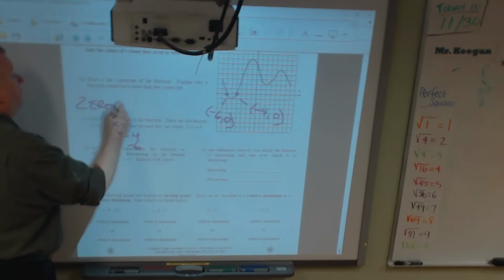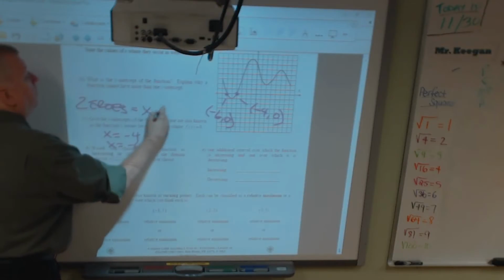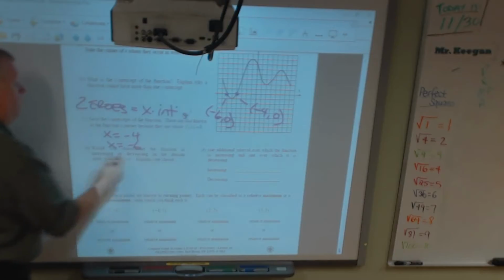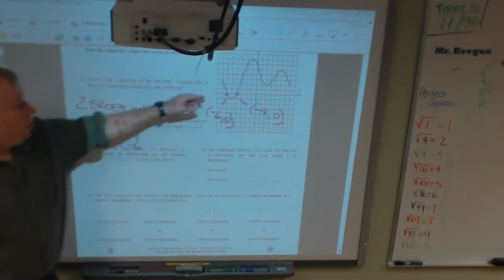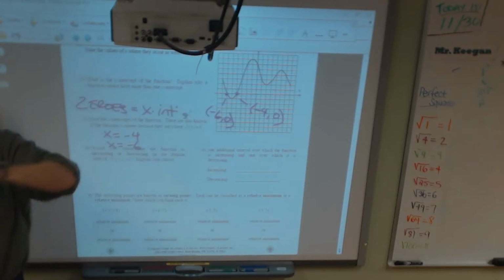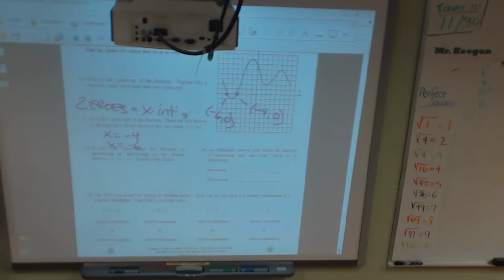Zeros equals x-intercepts. That's for C, yeah. For C, you just have to write down, these are the two x-intercepts: x equals negative 4 and x equals negative 6, because they both touch the x-axis. That's where the graph crosses the x-axis. You got it, good. Alright.